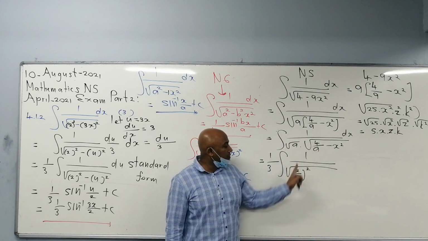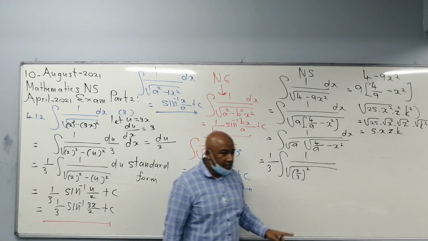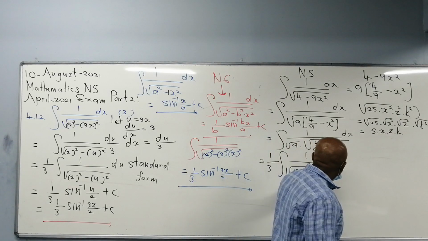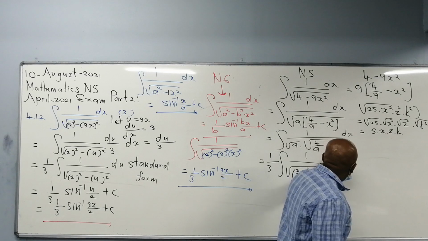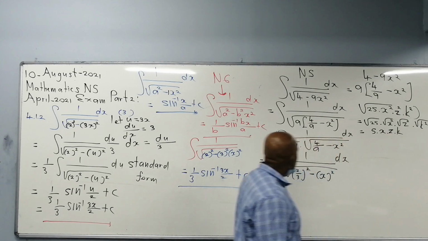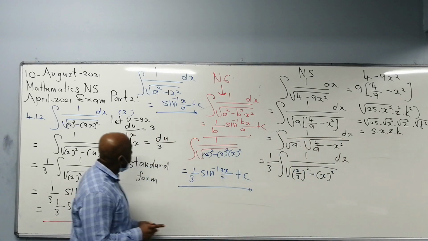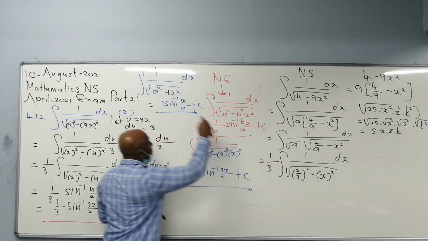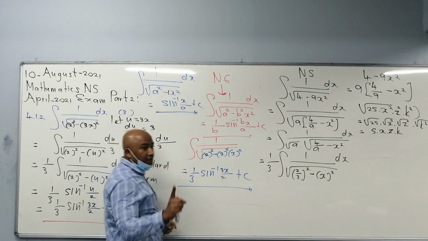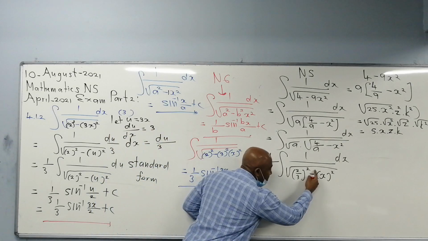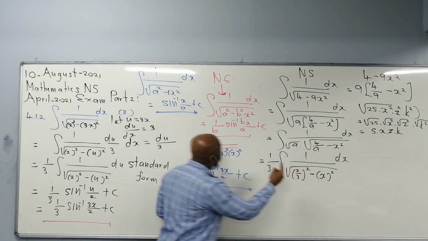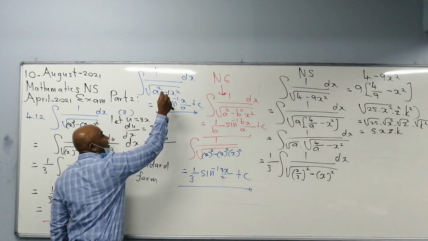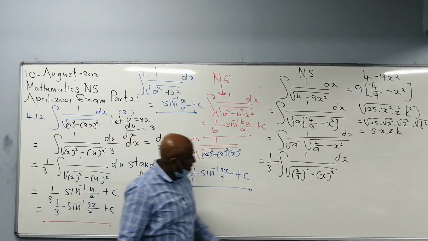Because 2 squared is 4, 3 squared is 9. Minus my x squared, and there's my dx. So now what have I done? I have rewritten this in standard form. The whole idea was for the number in front to be a 1, because in the N5 formula sheet, that's how it's given to you.